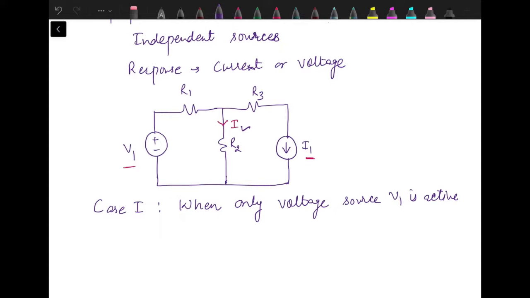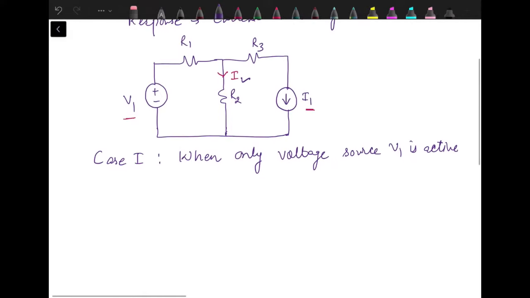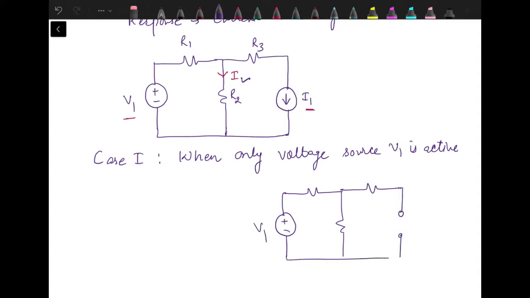So when only V1 source is active, what we mean to say is that our circuit is now having a voltage source and the current source is now replaced by its internal resistance. Internal resistance of an ideal current source is infinite, so it will be replaced by open circuit.